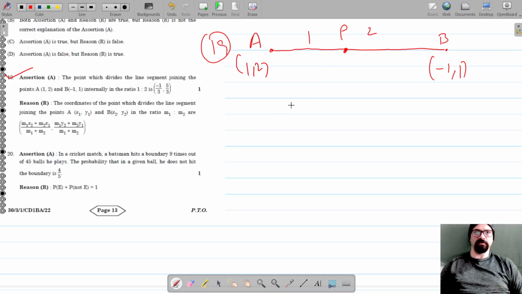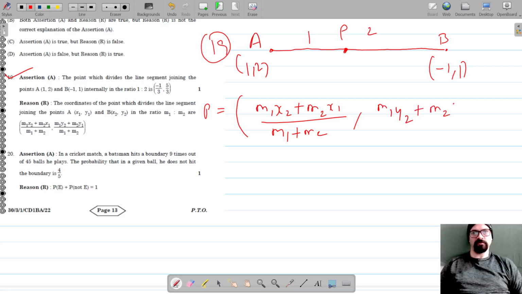So coordinates of P using the section formula is m1 into x2 plus m2 into x1 upon m1 plus m2, comma m1 y2 plus m2 y1 upon m1 plus m2. And if I put in the values, this is m1, this is m2, and these are x1, y1, and x2, y2.